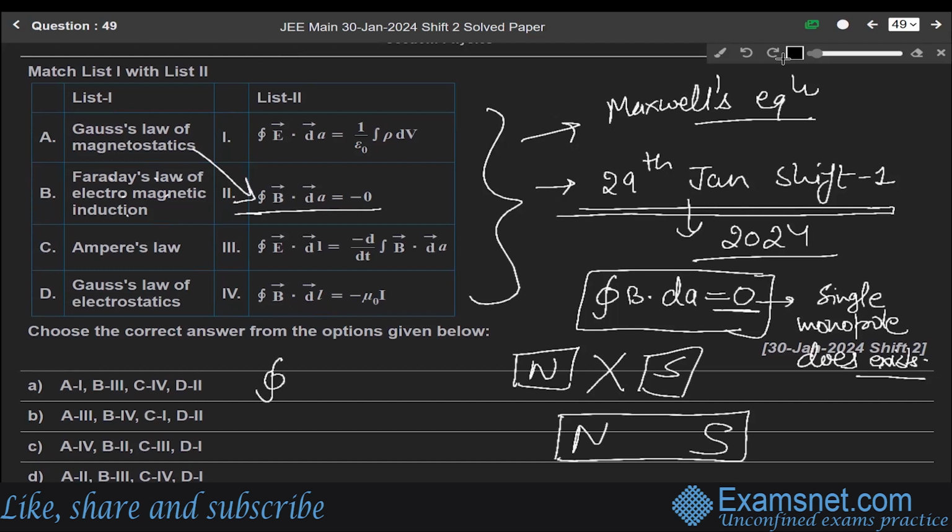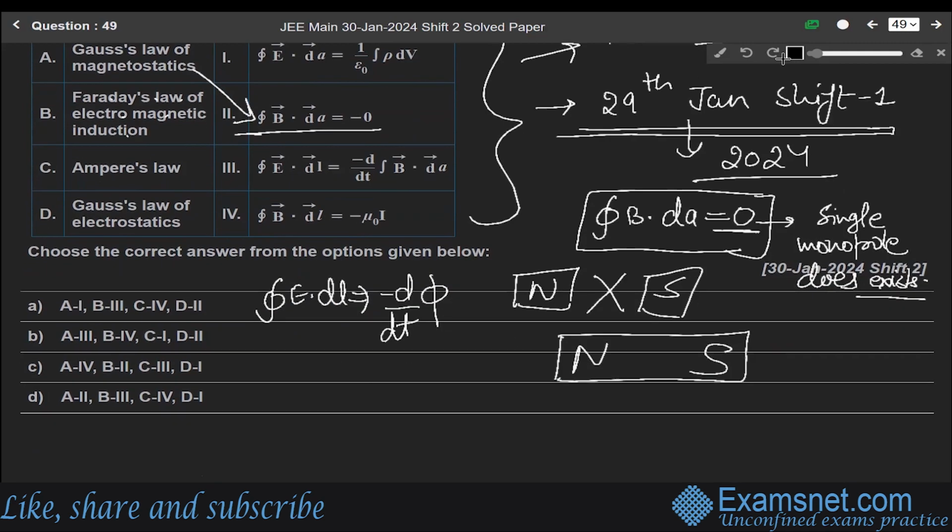The line integral of the electric field equals the rate of change of magnetic flux, and this magnetic flux phi is equal to B dot A. So the integral of E dot dl will be equal to minus d phi by dt, so we can write B del A over del t, or minus A del B over del t. So this B matches with the third.